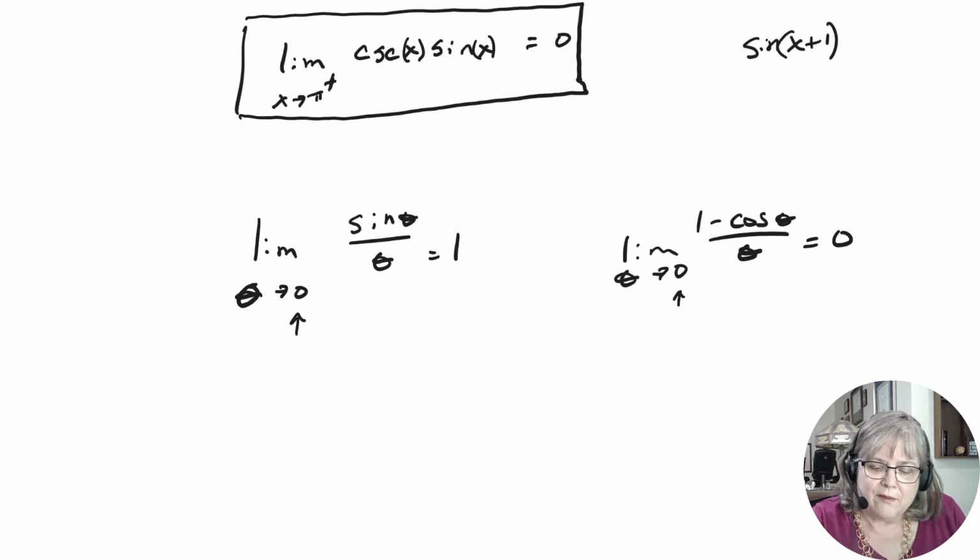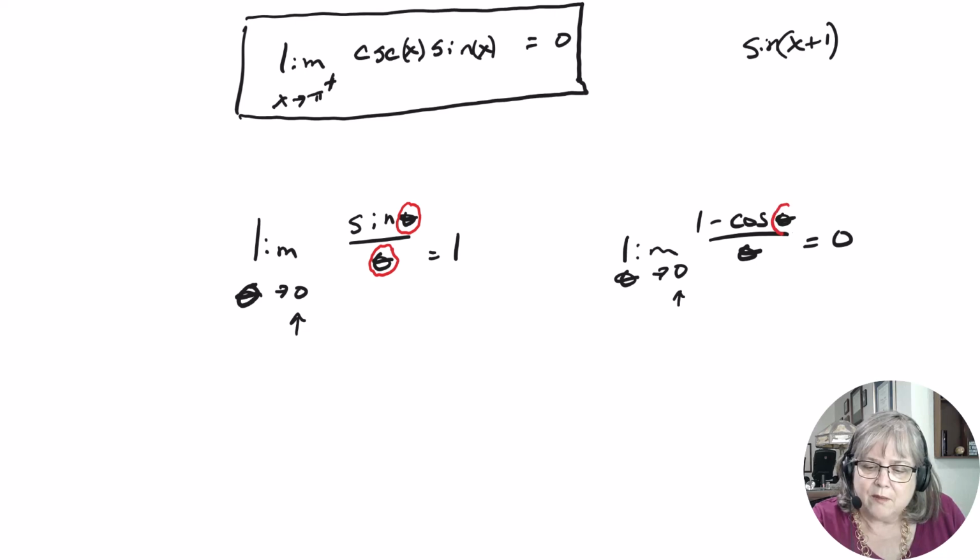Now, the other thing you have to notice is what this is saying: this angle that sine applies to and this angle here have to be exactly the same. So if this is a 2x, this has to be a 2x. If this is a 4t, this has to be a 4t. Okay? They have to match in order for this to be 1.